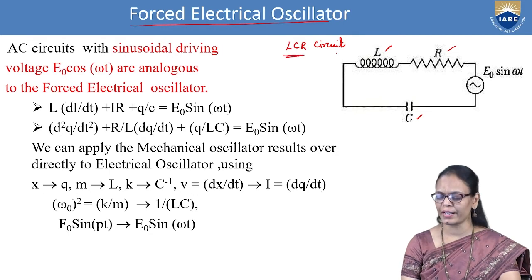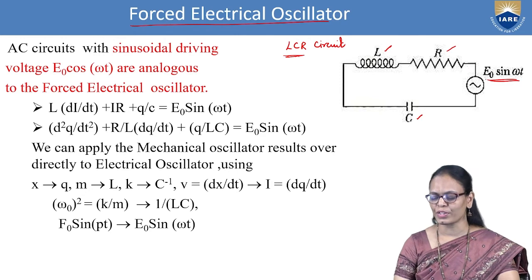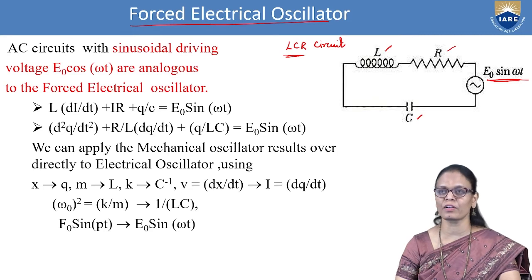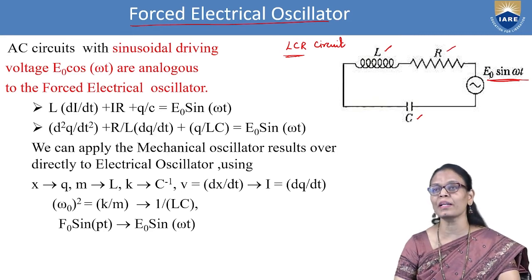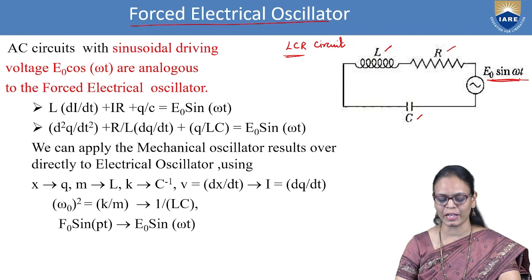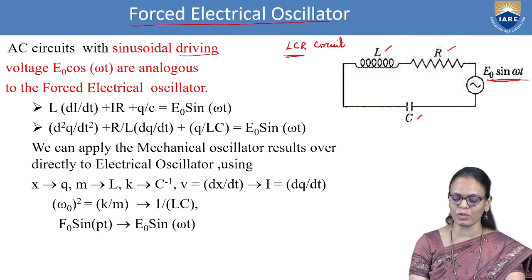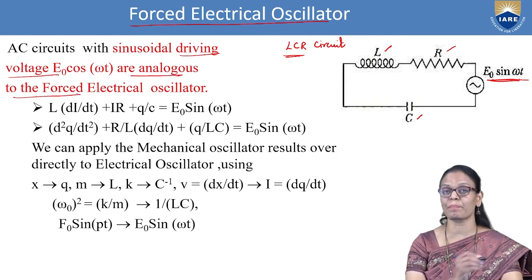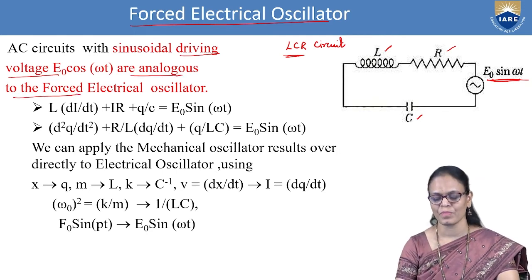And here it is driven by a voltage E naught sine omega t. Whenever we apply a periodic frequency, we denote it by E naught sine omega t. So the driving voltage here is analogous to the force that is applied in a mechanical oscillator.